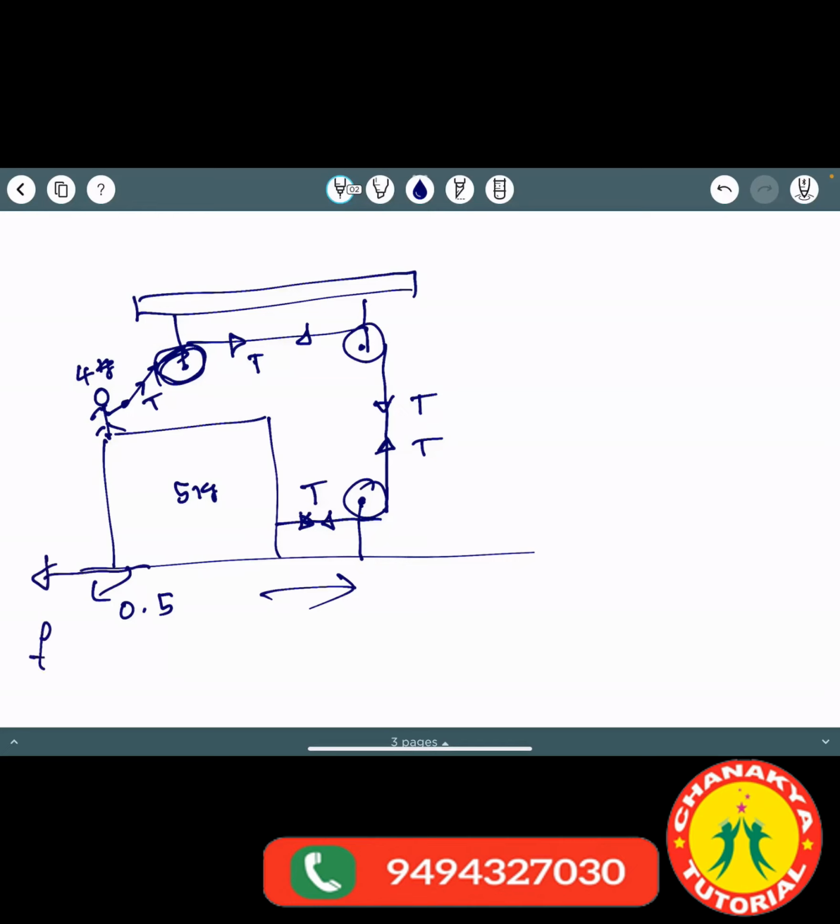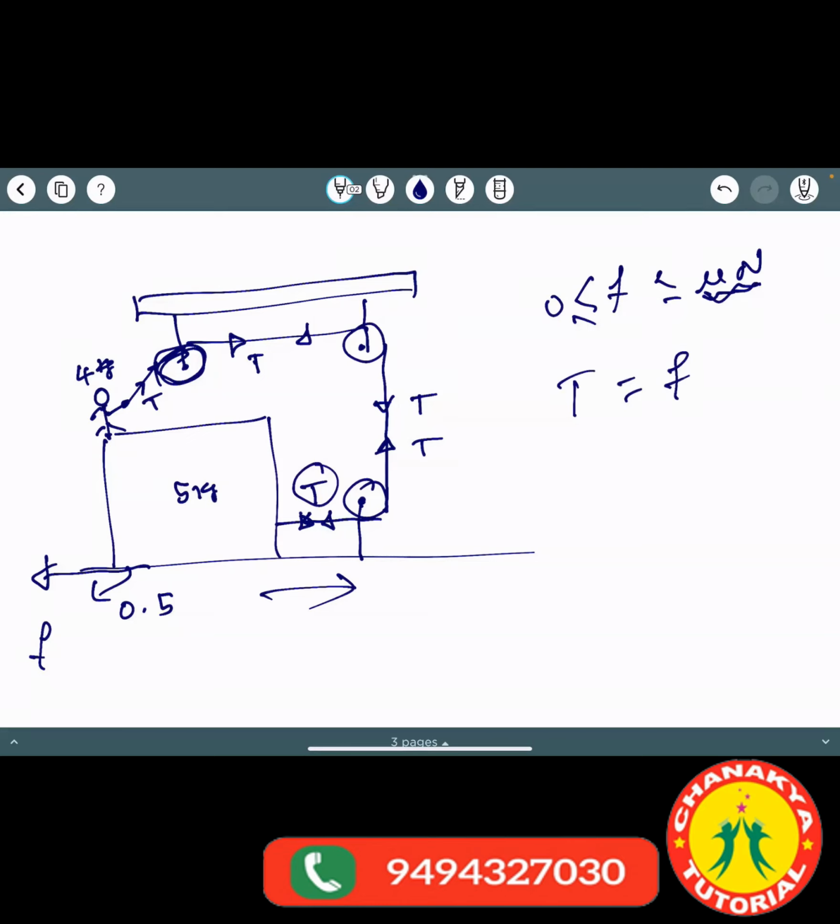Friction is acting like this. That friction value goes from 0 to mu times N. If my force is greater than or equal to this, then it will start moving. So what should be my maximum T? That will be equal to the friction value, correct? Correct, guys?